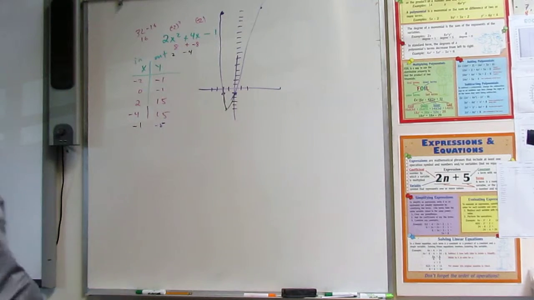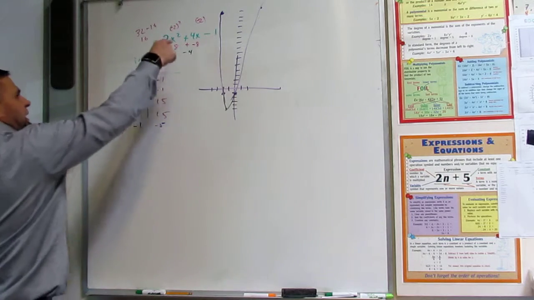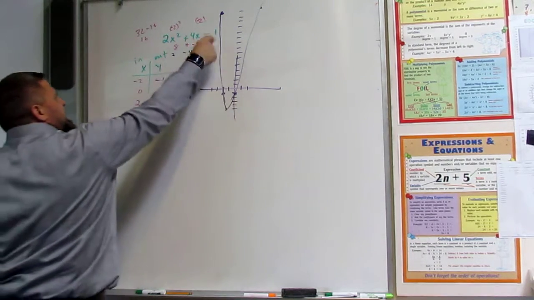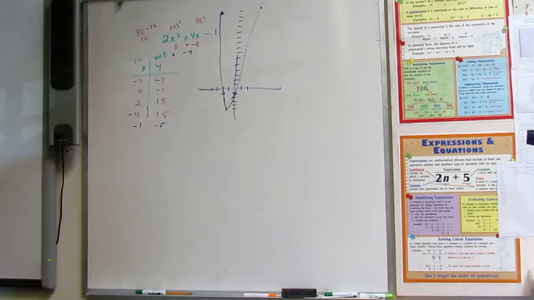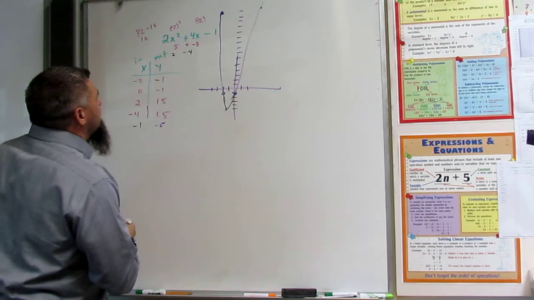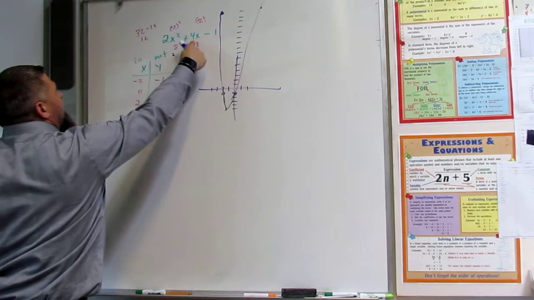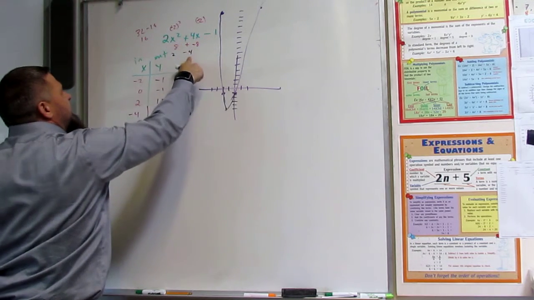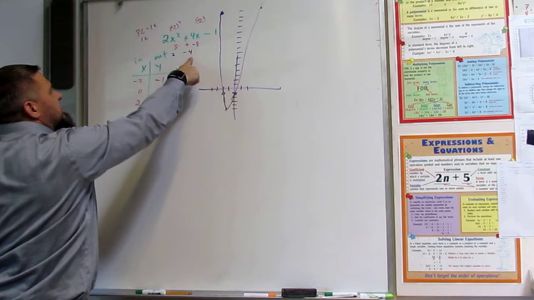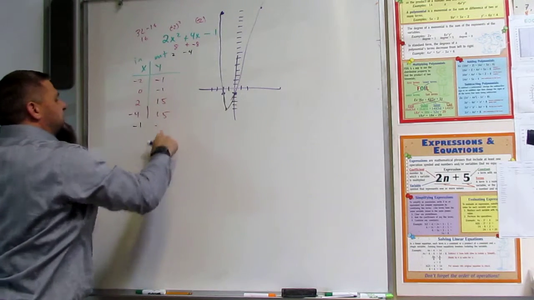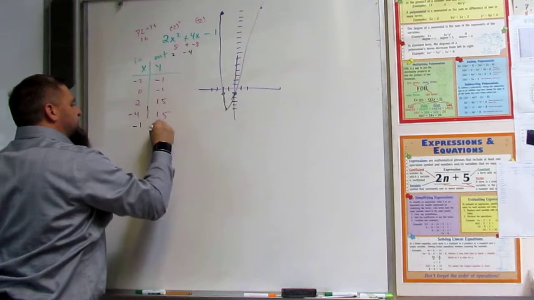Is that right? -1 squared is 1 times 2, so actually 2 plus 4 is 6, minus 1 is 5. Oh, this is 1, but minus 4 is -2, so that's a -3. Sorry about that. So that should be -3.